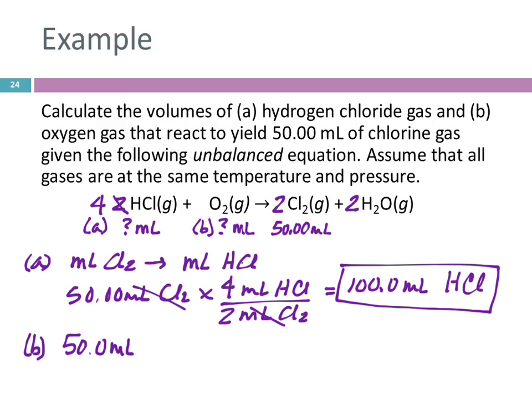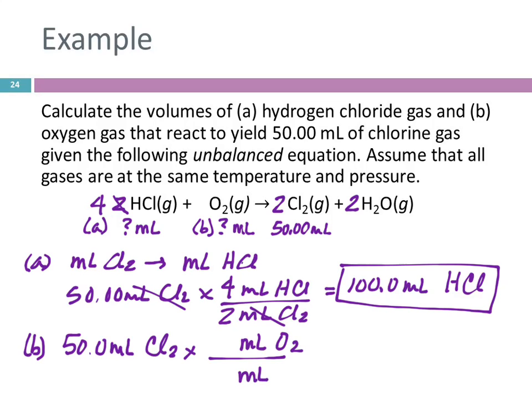Let's be daring and do this one without writing the path. We're starting with 50 milliliters of Cl2. We're trying to find milliliters of oxygen. It's a one-step thing. So we're going to go from milliliters of Cl2 to milliliters of O2.